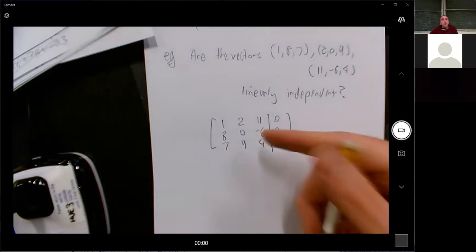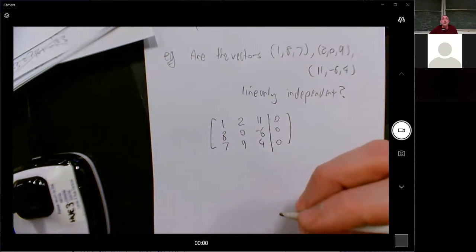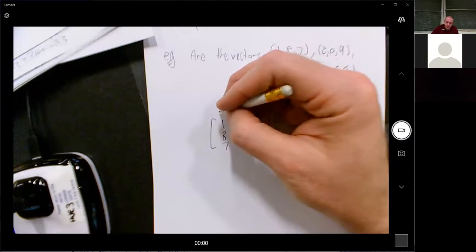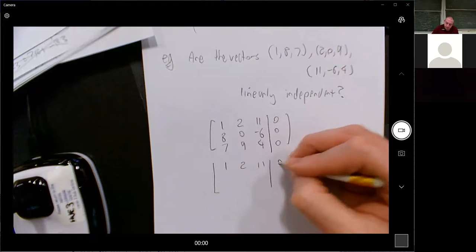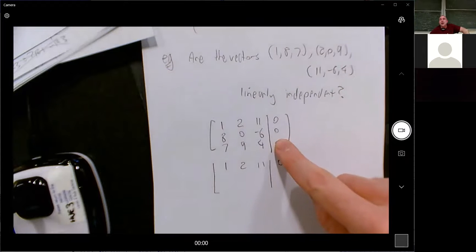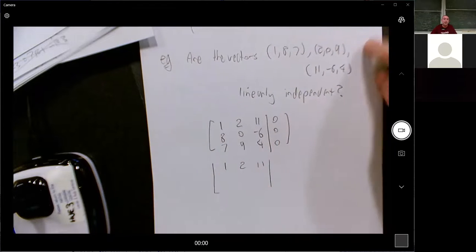And so then I will do row operations until I can tell whether there will be a unique solution or not. I don't have to go all the way. Now I'm also going to say that this column here is not going to change no matter what row operations I do. So there's no reason for me to put it in at all if I don't want to. So I'm just going to skip it from this point on.